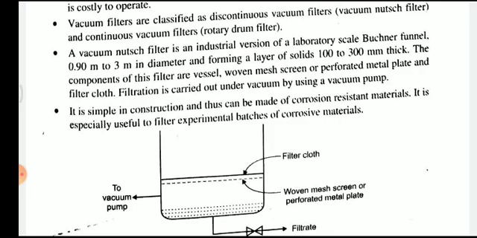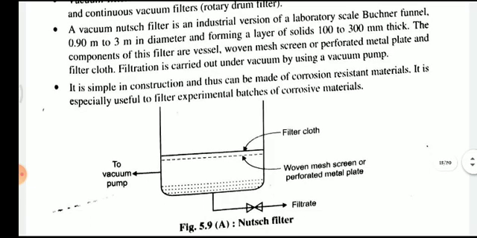A vacuum nutsche filter is an industrial version of a laboratory scale Buchner funnel, 0.93 m to 3 m in diameter, forming a layer of solid 100 to 300 mm thick. Its components are a vessel, woven mesh screens or perforated metal plates, and filter cloth.